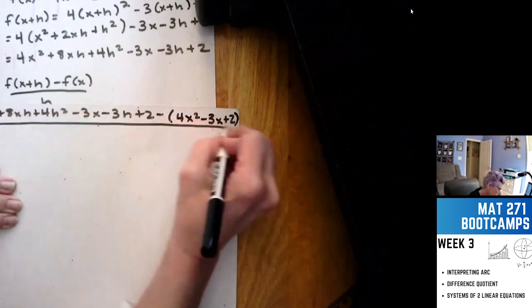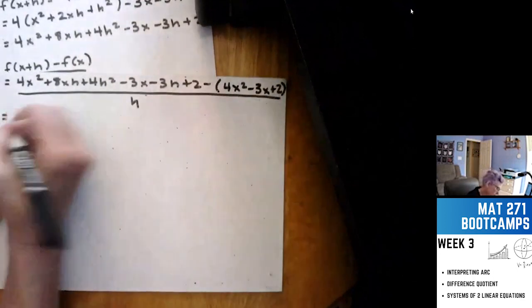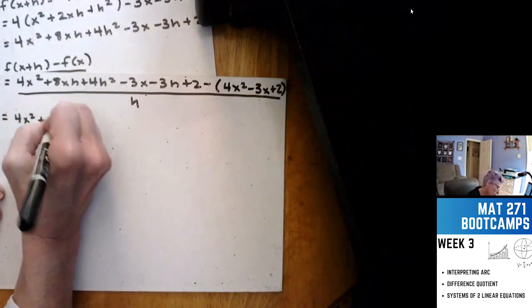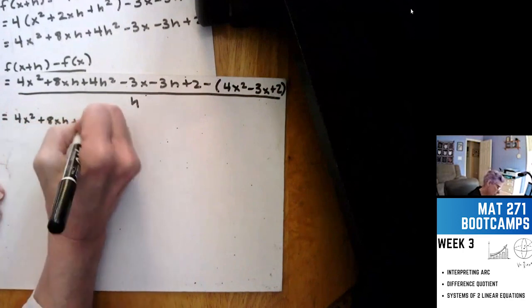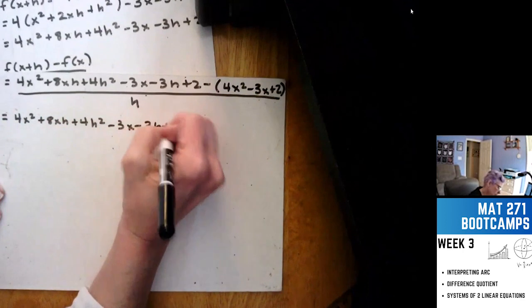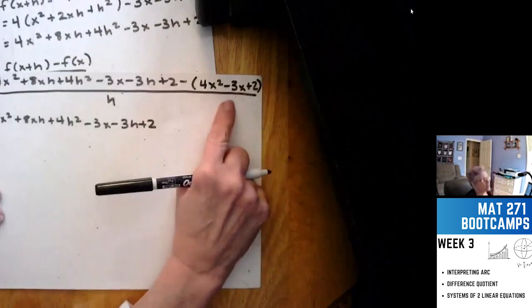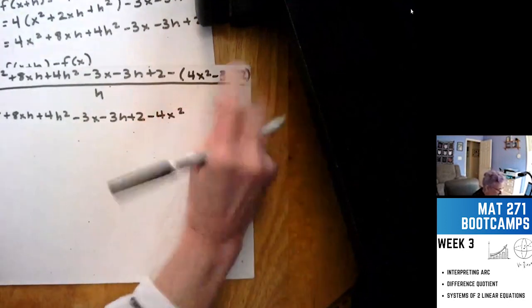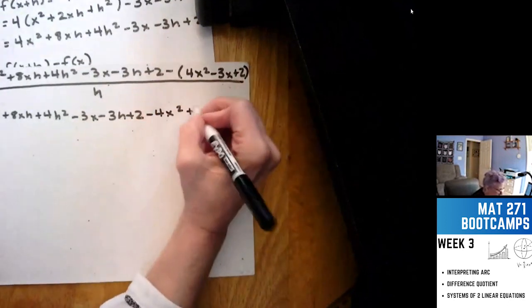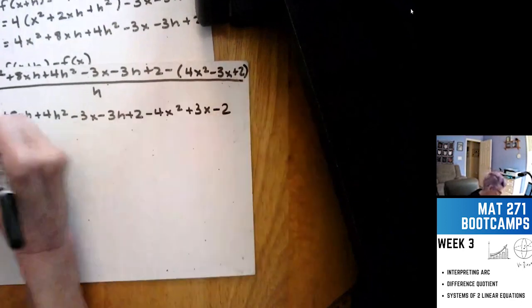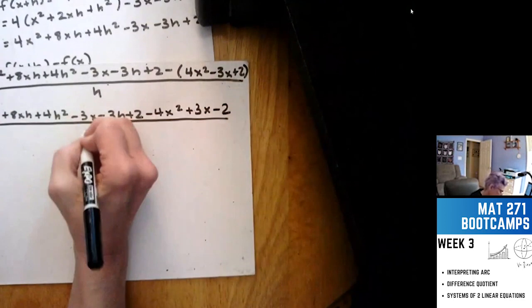All of that is living on top of h. So now all of that stuff is still hanging out. 4x squared, and everybody in here needs to get a brand new sign. The negative 3x becomes plus 3x, and the plus 2 becomes minus 2, and all of that is still sitting on top of h.